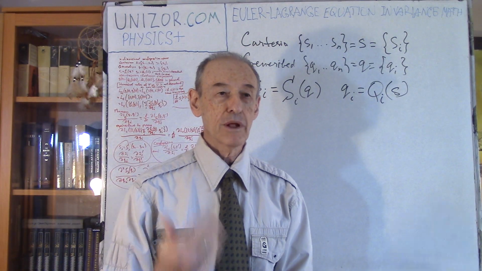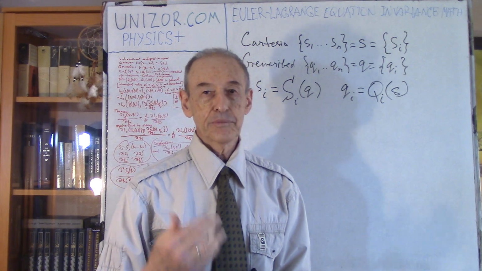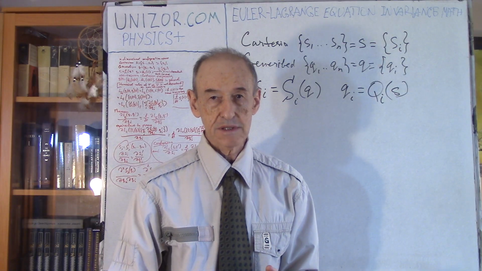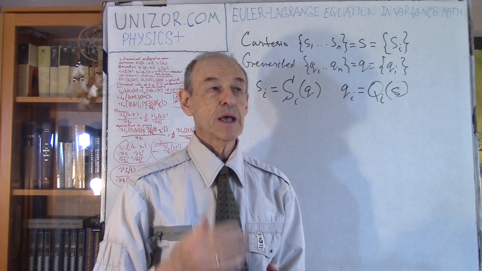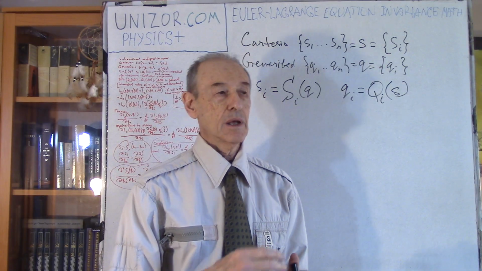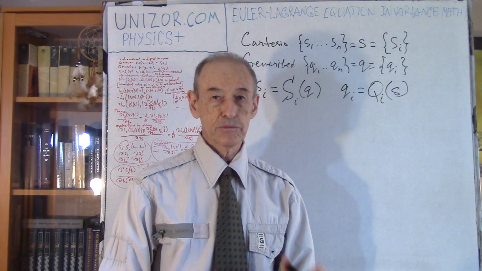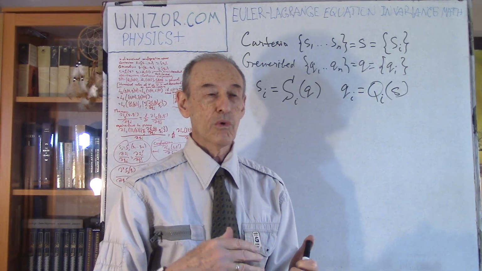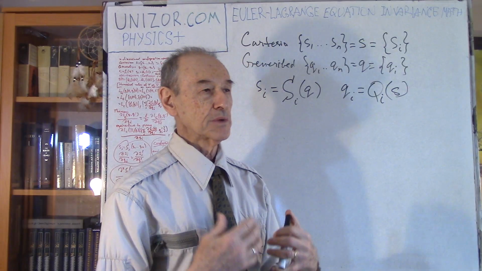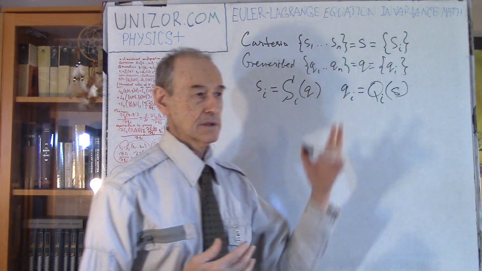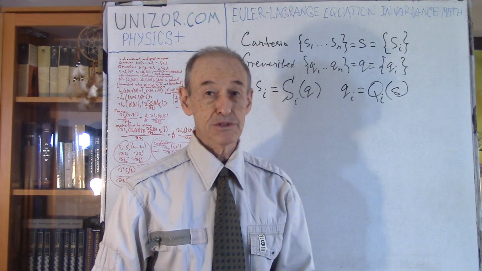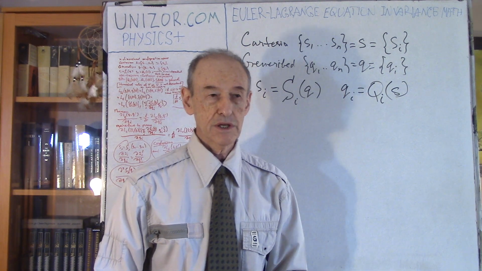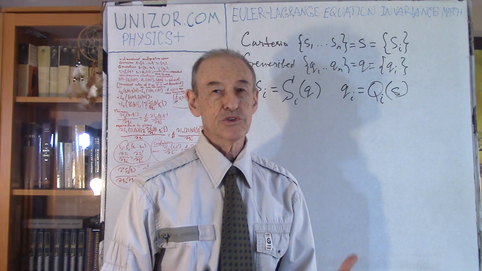I explained why the Euler-Lagrange equation is the same in Cartesian and in generalized coordinates, based on the action principle. That's very important, but in this lecture I would like to approach it more mathematically. What does it mean that the Euler-Lagrange equation is as good in generalized coordinates as in Cartesian? Here is what it actually means.